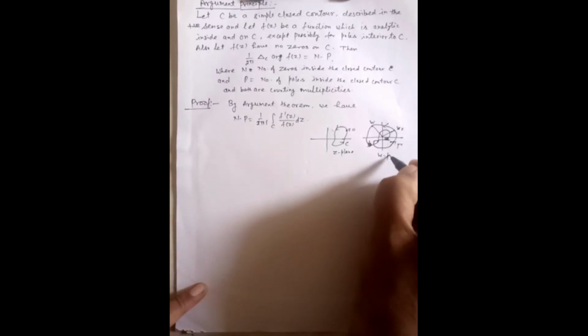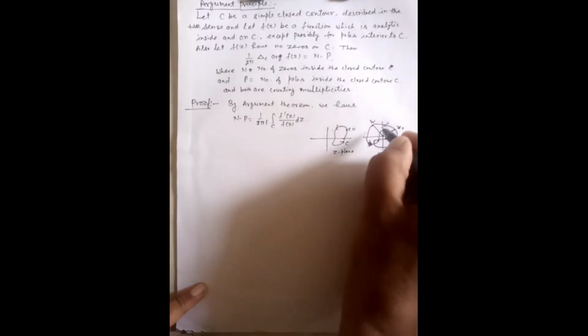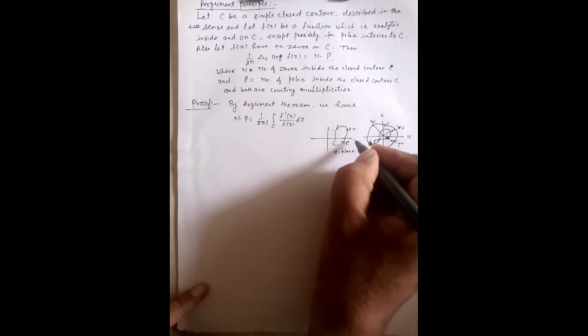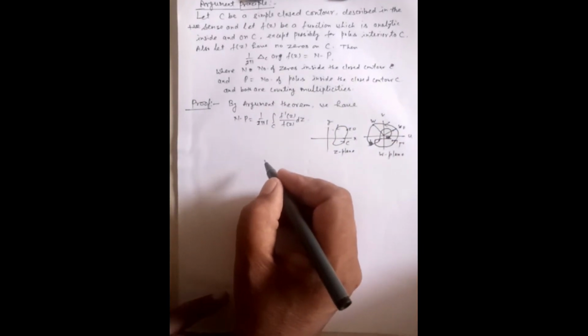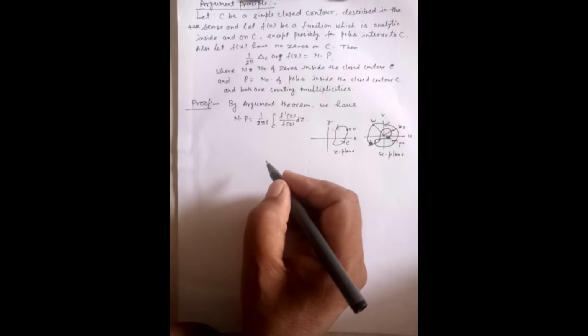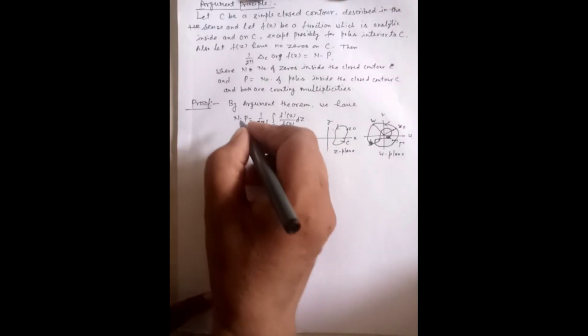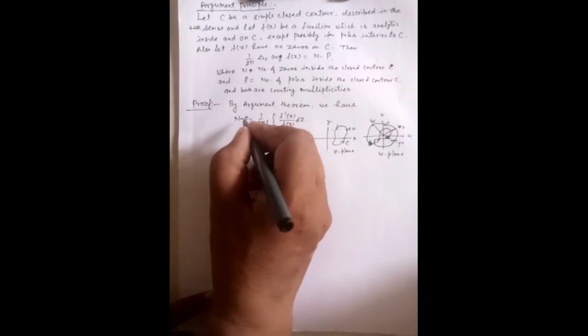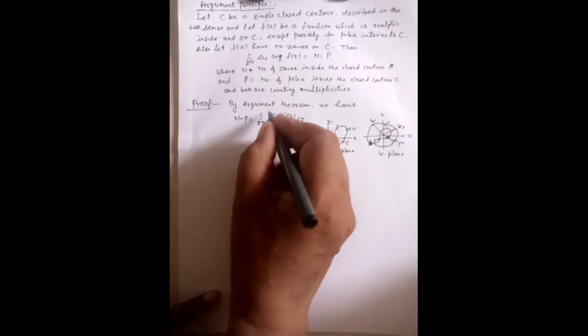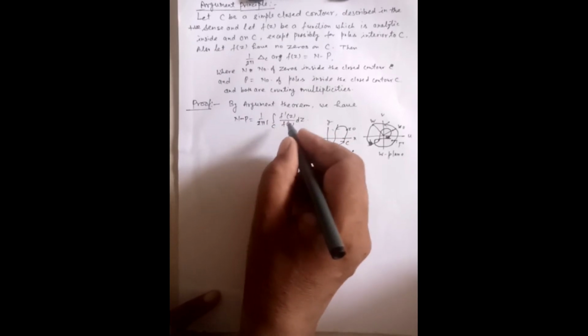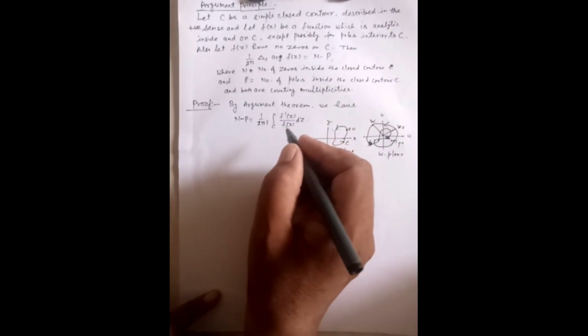So this is the w plane, this is the uv axis. Let w naught be any fixed point on gamma, and by the argument principle, N minus P is equal to 1 by 2 pi i integral over C f dash z upon f z dz.